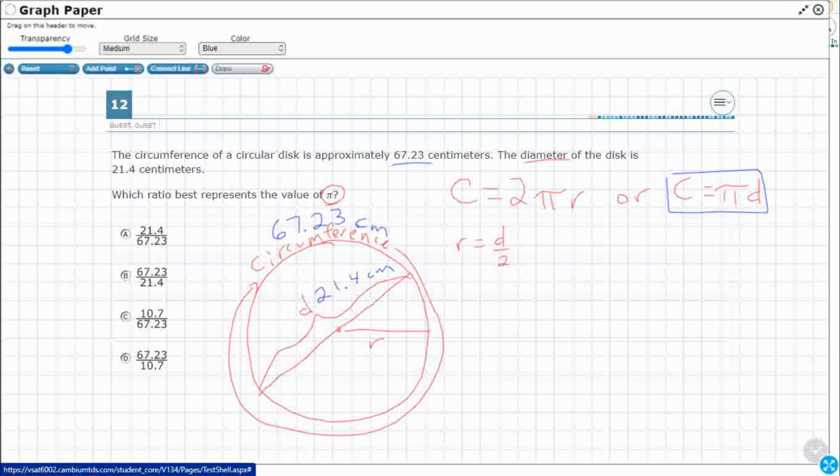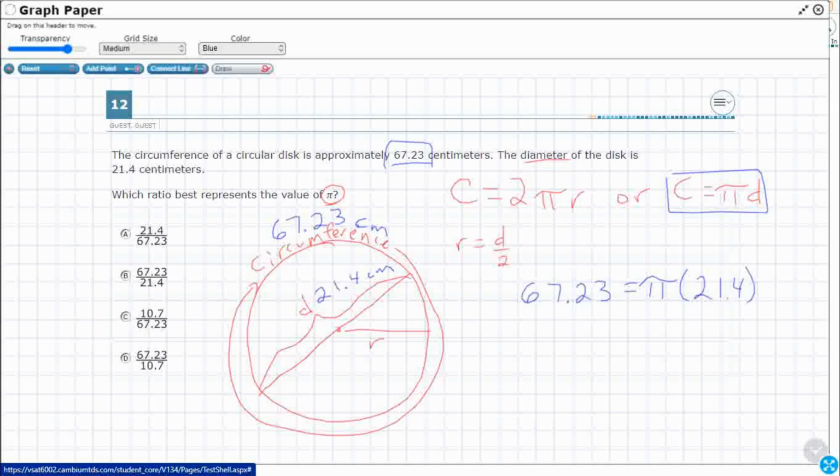So my circumference is right here, 67.23. I don't know the pi, but I do know my diameter is 21.4. So how can I isolate that pi by itself?